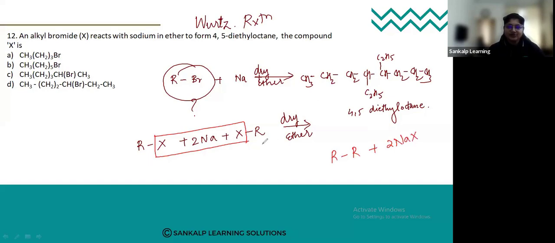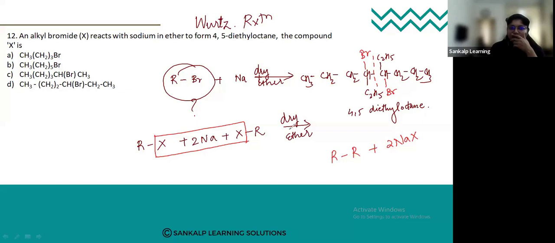Now to form this compound, we should break this bond. So what should be present here? It should be CH3, CH2, CH2 and Br, and here CH2, CH3, C2H5, so here one Br will come and here one Br will come. Like this you have to break the compound.